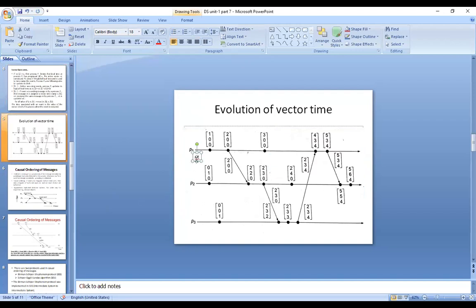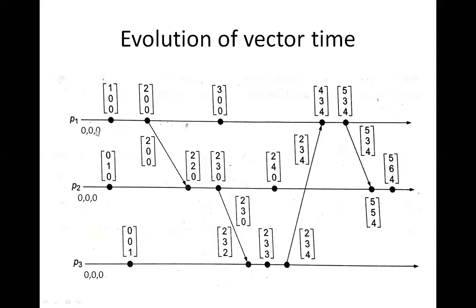Initially, this value is 0, 0, 0 for P1. Similarly, the initial value of process P2 is also 0, 0, 0, and the initial value of P3 is also 0, 0, 0. Of course, it is written in vertical form. So all three processes are initiated with 0, 0, 0.